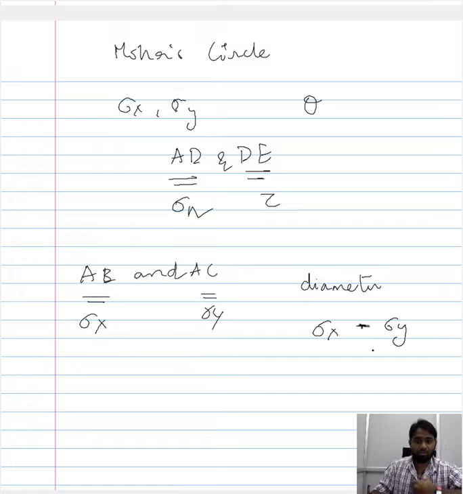So depending on the nature of your loading, the sign here would vary. For compressive loading, this becomes plus here. For biaxial tensile, this remains negative. And by this relation, you are able to plot the diameter. So the generalized expression would be this. Once you enter minus sigma y here, it becomes positive, but this is the generalized expression. So this is the diameter of the Mohr circle.